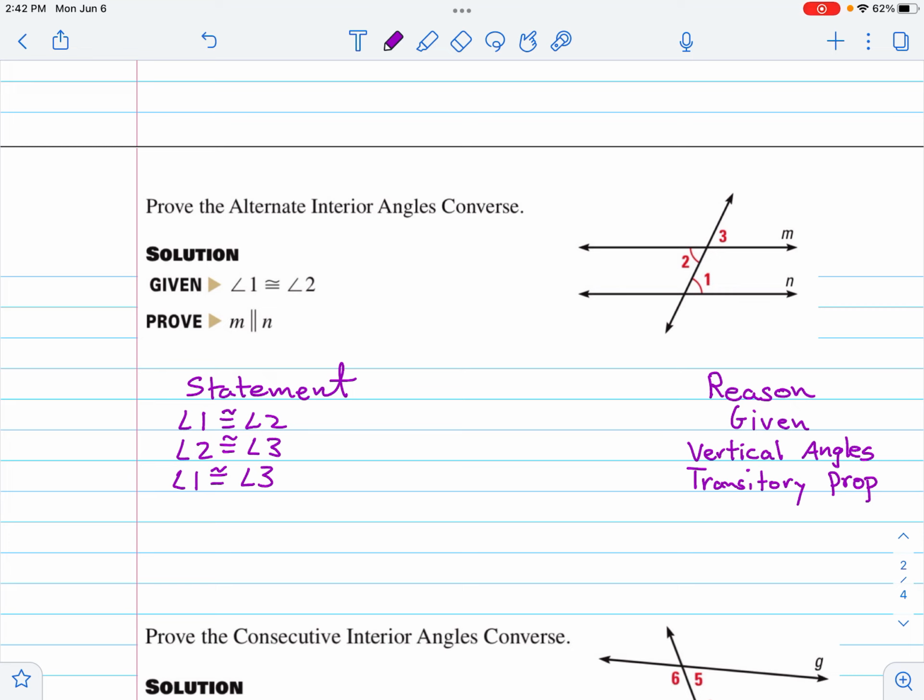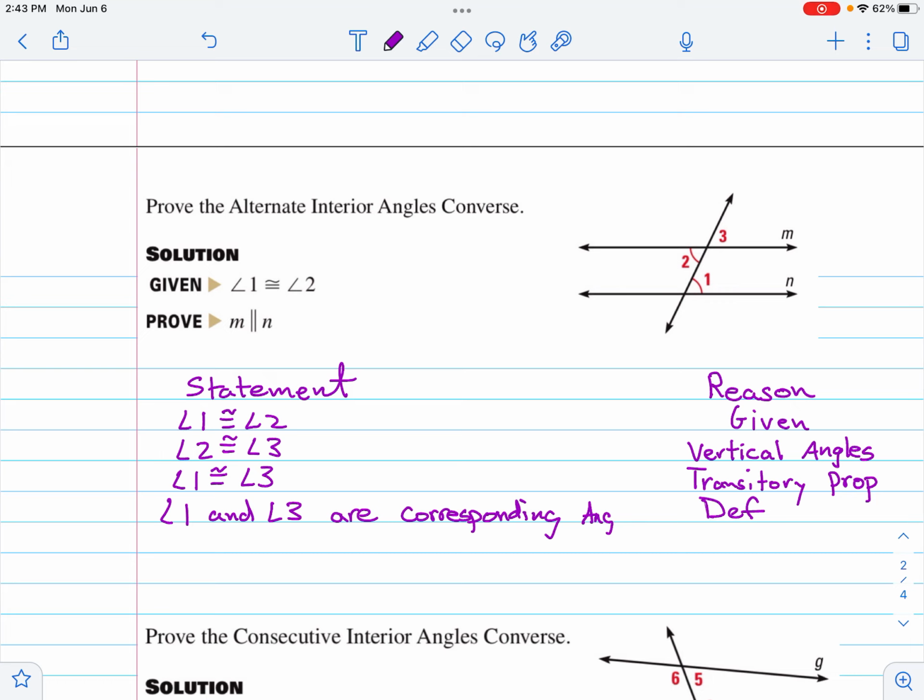Now, notice that, so this is where we are now. Angle 1 is congruent to angle 3. Now, angle 1 and angle 3 are corresponding angles, by definition.